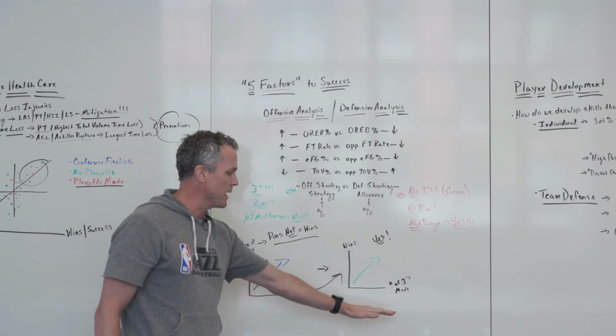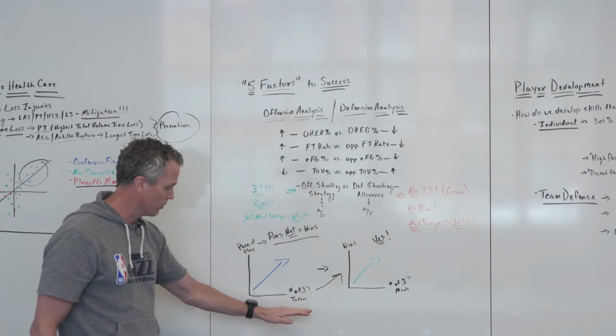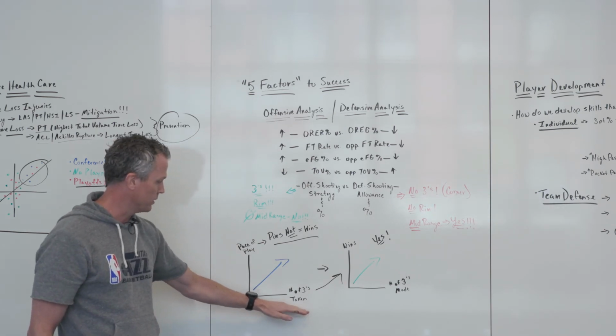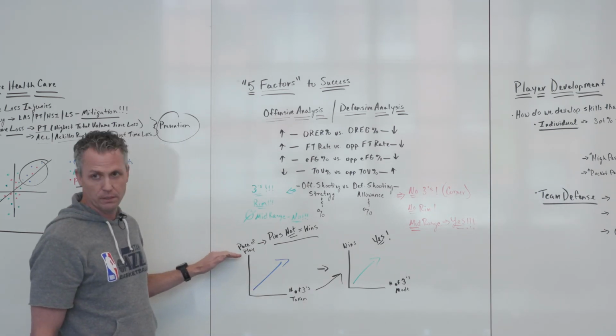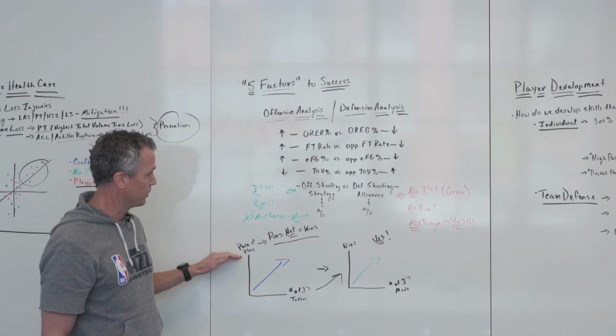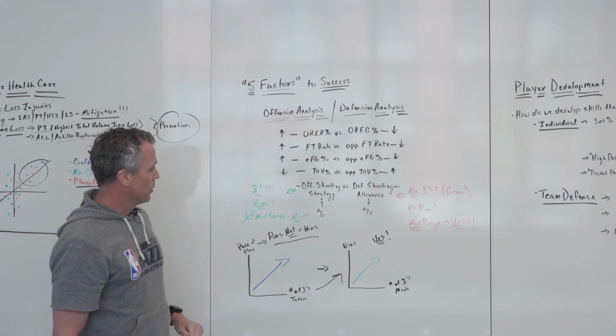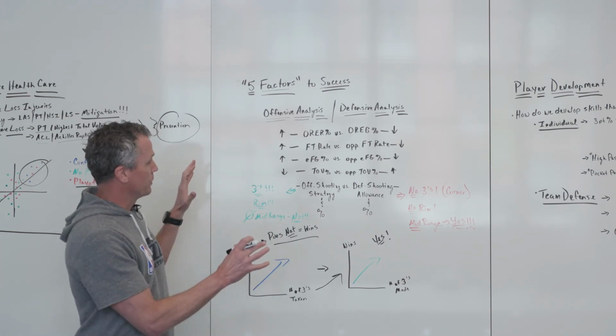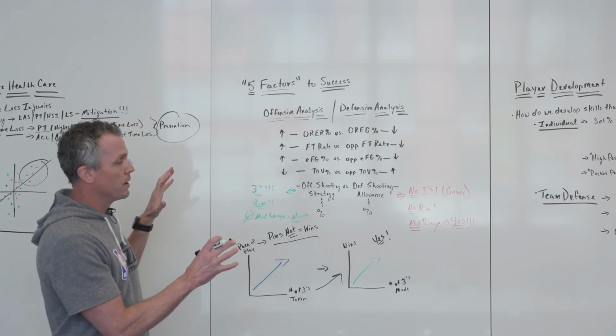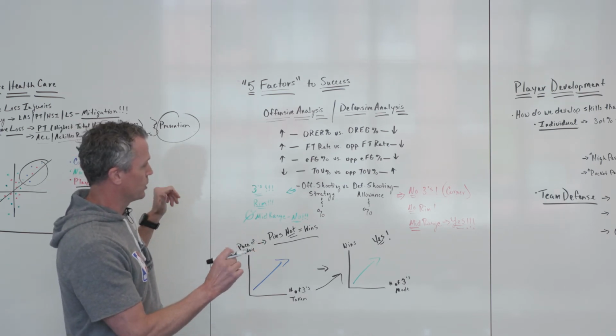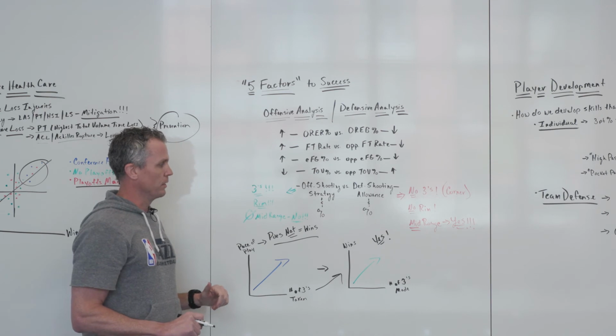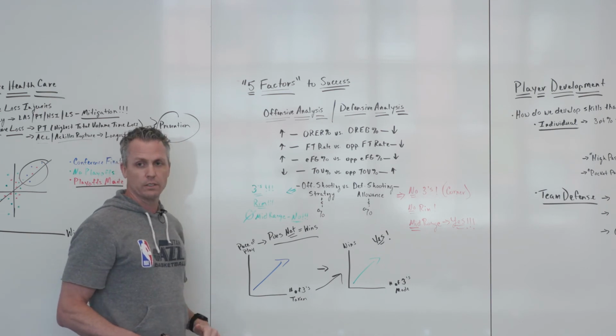So we can't make a lot of threes unless we take a lot of threes, and generally that means an increase in pace of play. Among many other things, that's generally what we're after to increase our chance of success in the NBA.